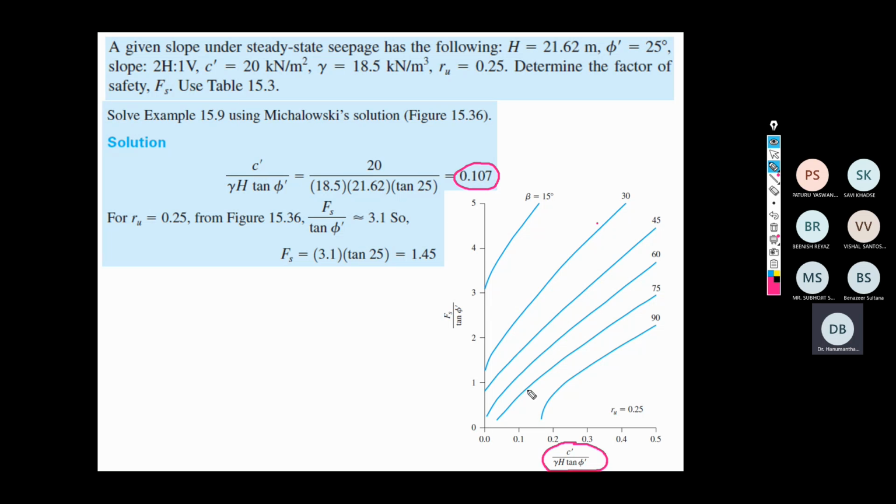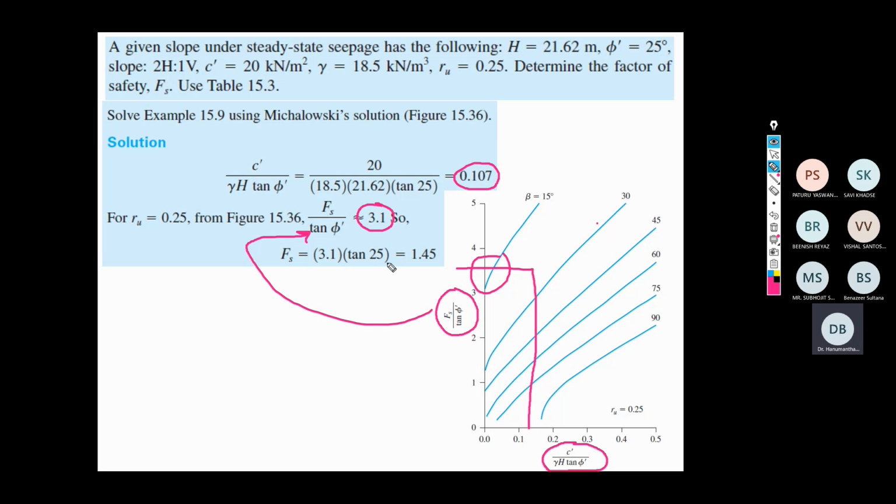So corresponding to 0.107, you need to draw a graph for 26 approximately, or here again you need to interpolate between beta equal to 15 and beta equal to 30. Based on the interpolation, you get the ratio of Fs by tan phi dash, which is calculated as 3.1.